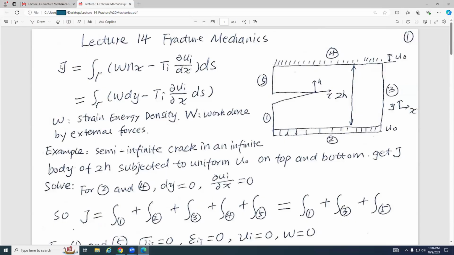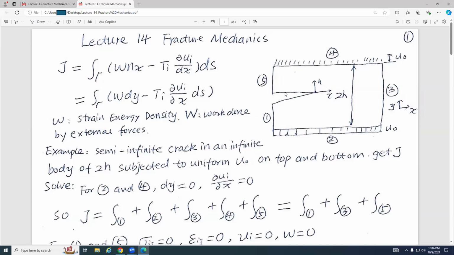So this equation, keep in mind, is equation J, which is what we have derived. J equals an integral over gamma, and this gamma is arbitrary. This gamma can be a circle, can be rectangular, can be hexagonal, or any kind of shape. You understand, guys? As long as this gamma encloses the crack tip.